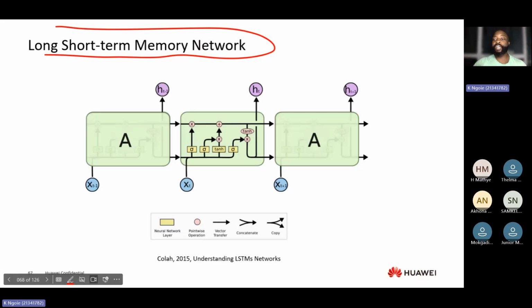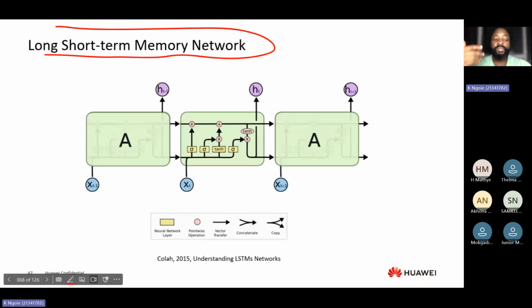So what do we do? We take a piece of paper, we write down certain information so that the piece of paper can be a reminder if we forget. So think of LSTM as a piece of paper that the RNN is using to remember certain information. Okay, all right. So this is how we're going to solve the issue of the vanishing gradient.